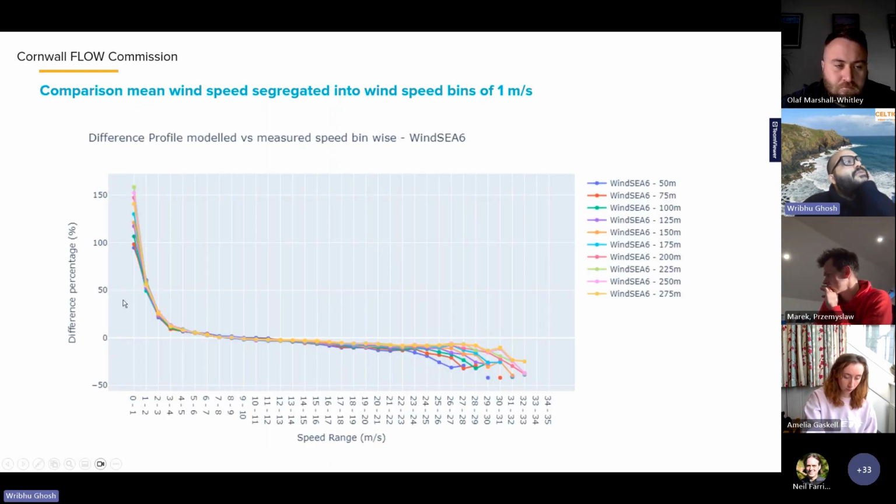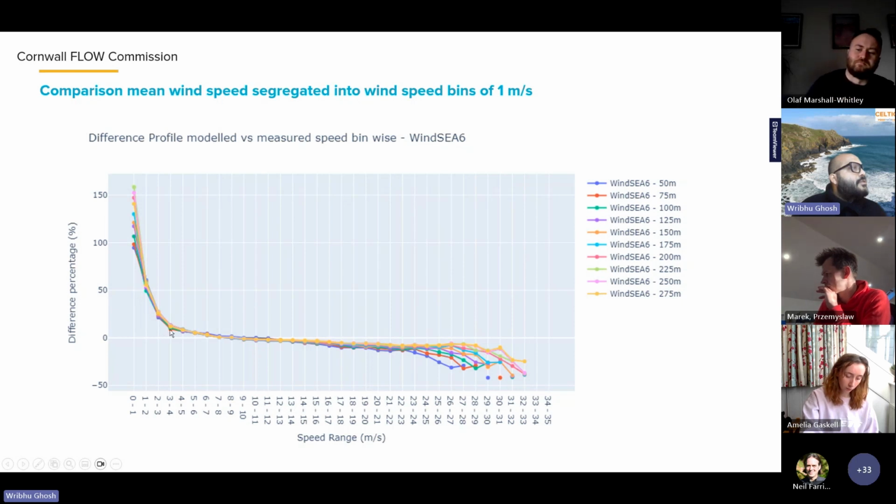Now this is where we segregated the wind speeds into 1 meter per second bins. For those same timestamps, we compared the model versus the measurement, and this is the percentage difference. You will see that at lower wind speeds, the model is over predicting. However, because the value is very low, they are exaggerated here.